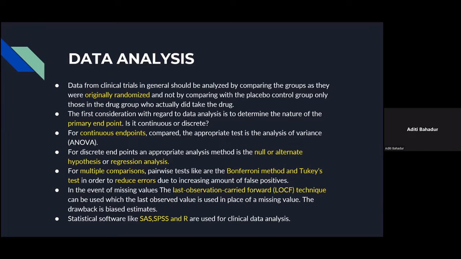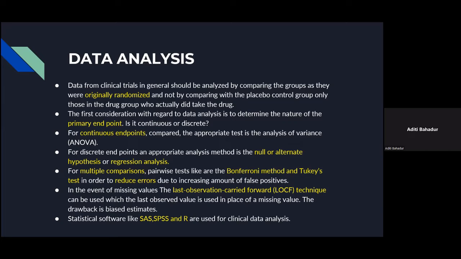There could be a continuous endpoint or a discrete endpoint. So what is a continuous and a discrete endpoint? What do these mean? A discrete endpoint is basically an isolated form of data. For example, if you have a drug for cancer and your endpoint is after say 72 hours, how much have the tumors reduced, then you would take this as a discrete endpoint or some sort of specific endpoint that you want.